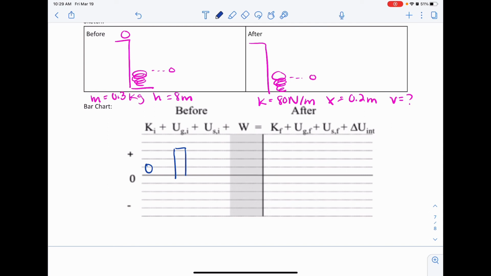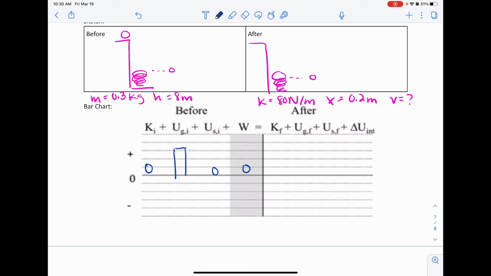So just because there's a spring in your system doesn't mean it always has elastic potential energy. When it is not stretched or compressed, it does not have any elastic potential energy. So before the ball compresses it, it has no elastic potential energy. There's nothing external to our system doing work, right? So there's no force exerted on our system, so there's 0 work.